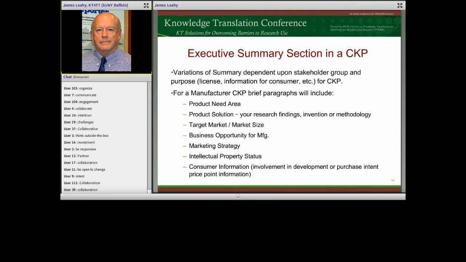who owns what, do you own what you're presenting to the company, consumer information, how were consumers involved in the identification of the need and the development of the solution. In addition, any purchase intent price point information you were able to elicit from consumers during the course of the research should be included.